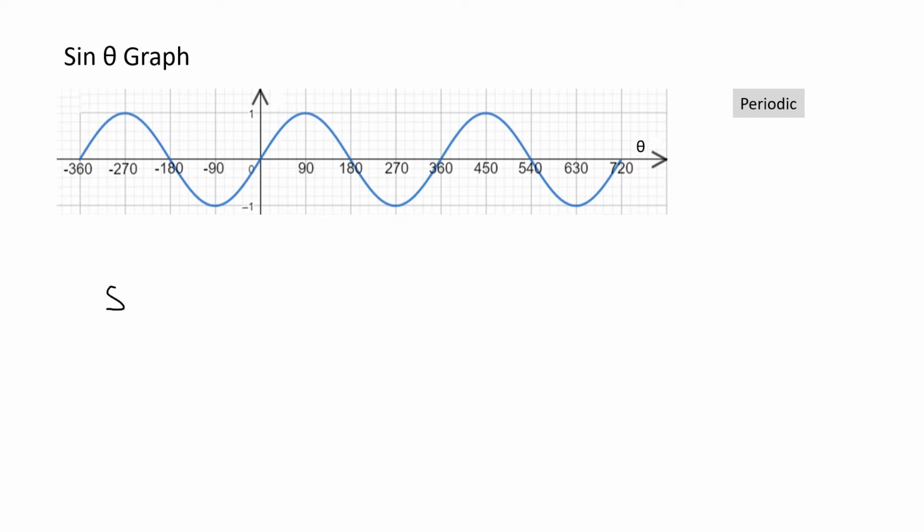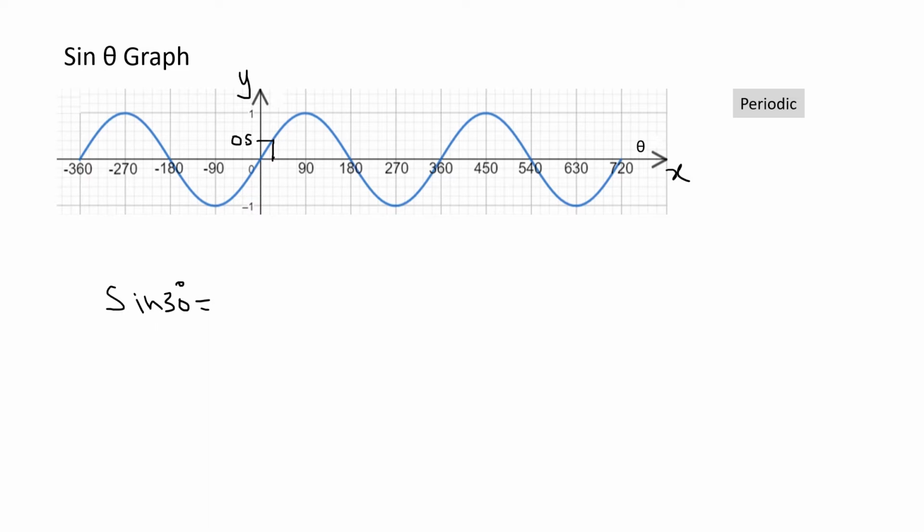Therefore, the value for sine 30 is the same as, let's say this is y and this is x. 30 degrees is somewhere here, so the y value is here, right? In this case it's 0.5.